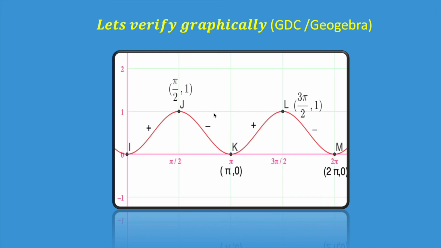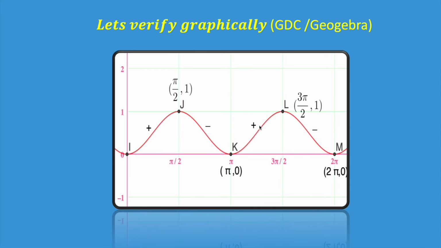We can look at it graphically as well. When we plot the curve with the help of a GDC, we find this type of shape. At point J, with coordinates pi by 2, 1, the gradient changes sign from positive to negative. So therefore, J is one of the local maximums.